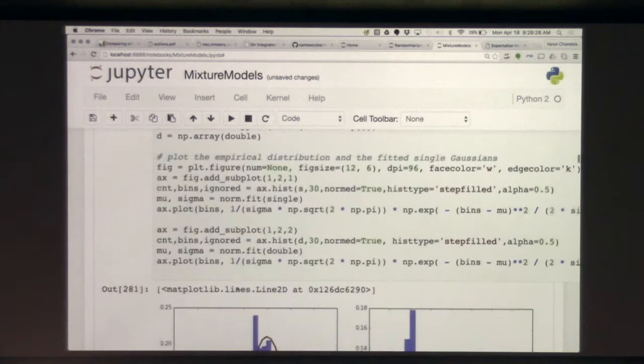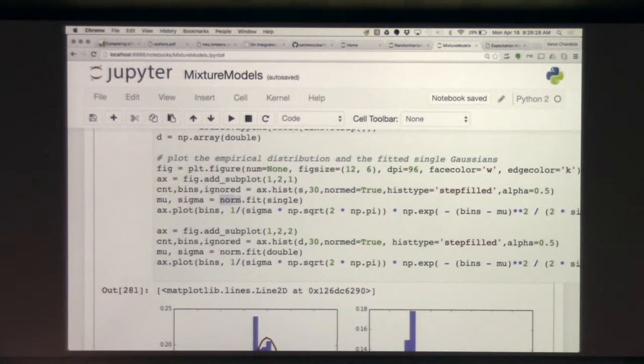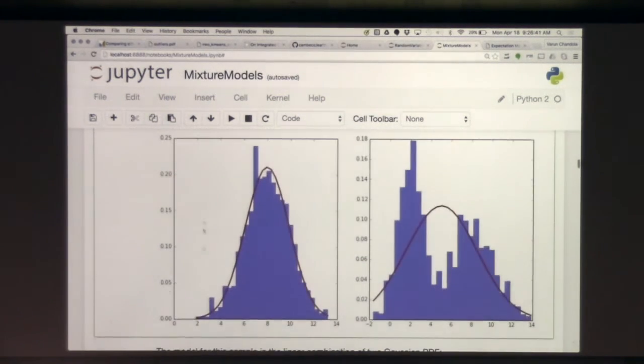In fact, here I'm just using a Python function called fit, which takes this data and gives you the mean and variance. But you could have computed it by just taking the mean and the variance of this. And so what we see here is that this red line is the actual PDF that we have learned. That PDF fits the data very well.